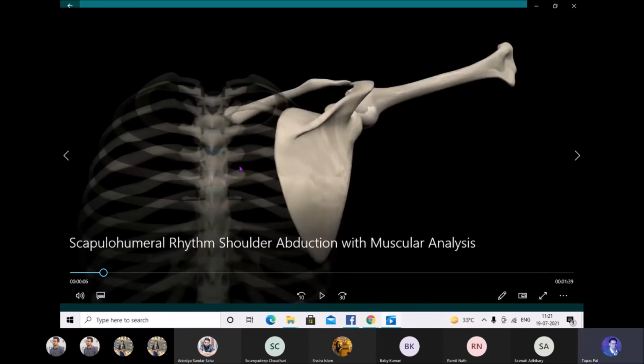But how much the scapula will rotate totally depends upon the rhomboid muscle, which is present over here.